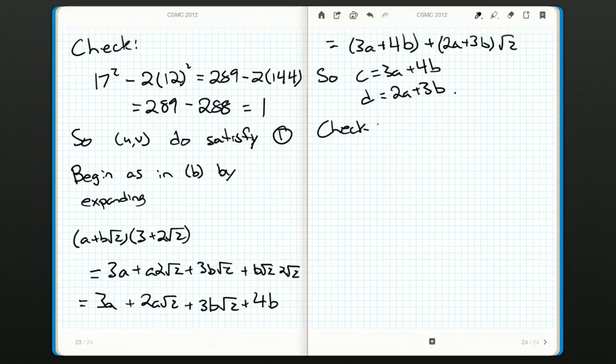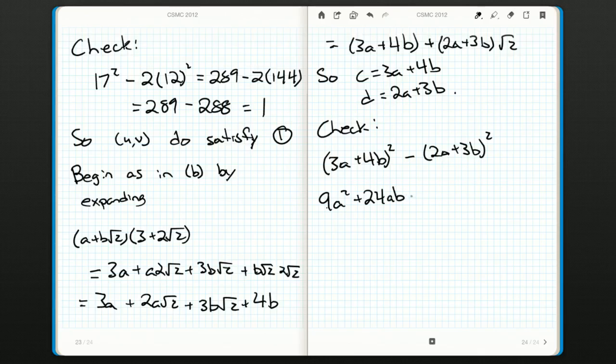And we were asked to show that c and d satisfy the original equation. So we plug them in. 3a plus 4b squared minus 2 times 2a plus 3b squared. Okay. So we can expand these out using FOIL, or if we just know the formula for a sum being squared, we can use that. We'll get 9a squared plus 2 times 3 times 4, so that's going to be 24ab plus 16b squared.